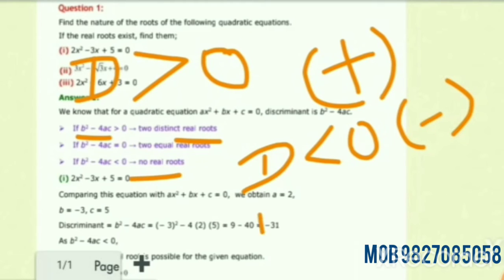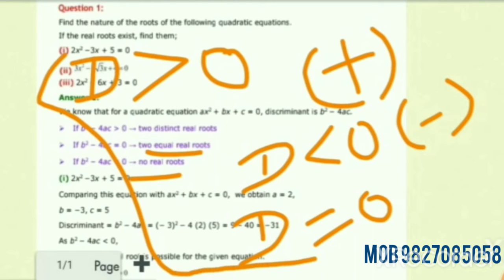If the value of D comes out to be 0, when D is equal to 0, then we can see that the roots of the given equation are equal. Okay, so these are the three conditions which we use to find the nature of roots of a given equation.